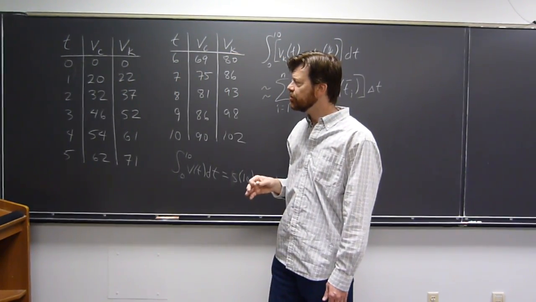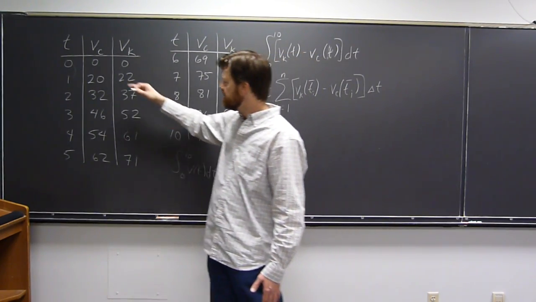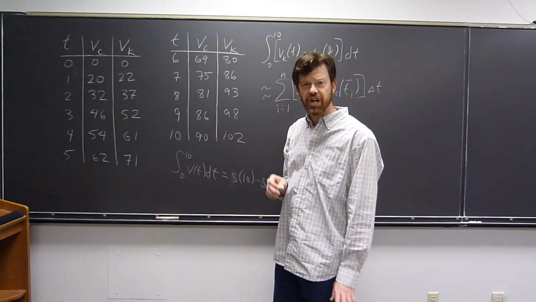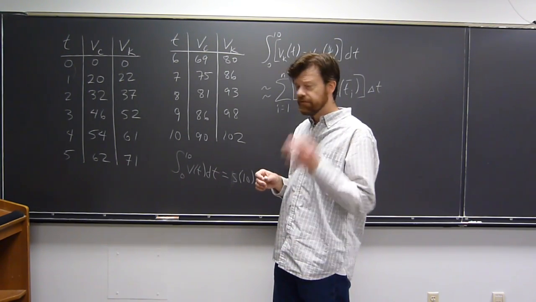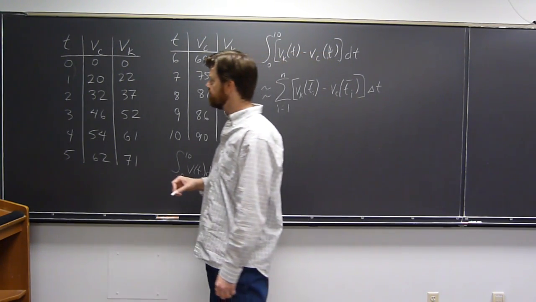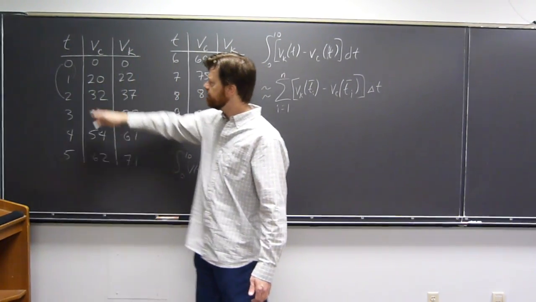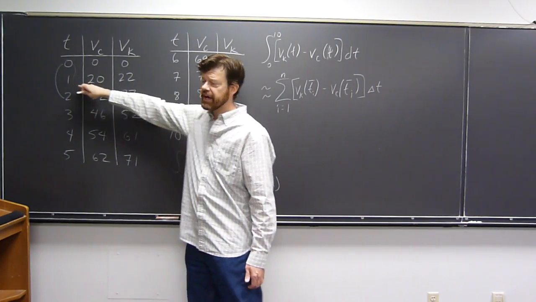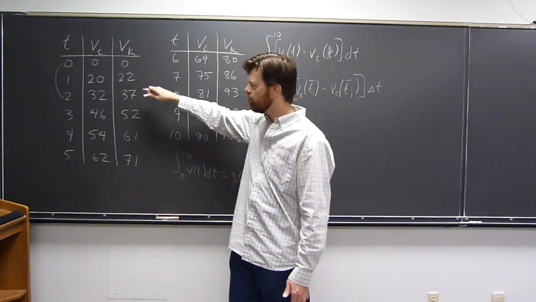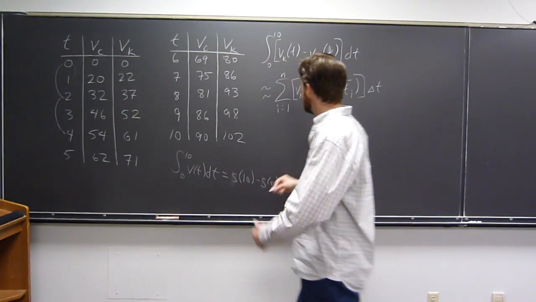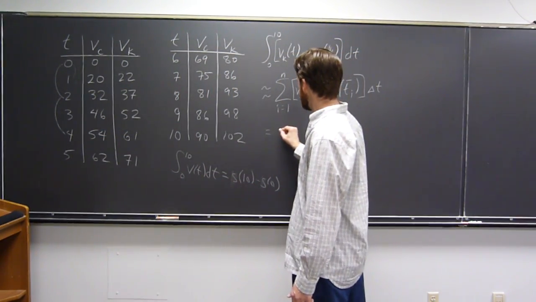The most specific we could get, if we need a midpoint value for the velocity in each time interval, is to use 5 subintervals. So I'm going to use from 0 to 2, and the midpoint of that is 1, so I have my velocity values at 1. Then from 2 to 4, the midpoint's 3, etc. So our n is going to be 5.